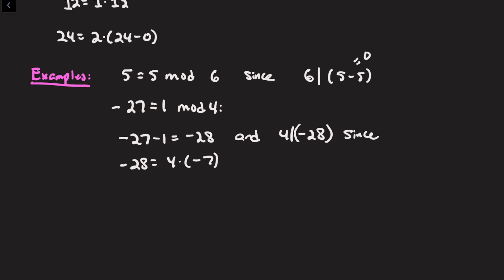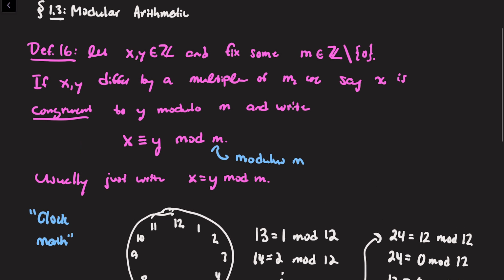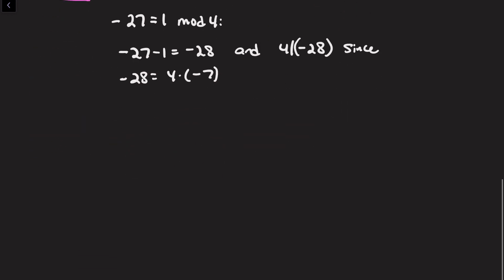All right, so we've introduced this relation called congruence on the integers, and looked at some examples. There are a couple of questions we can ask. Probably the best question is, is it an equivalence relation?